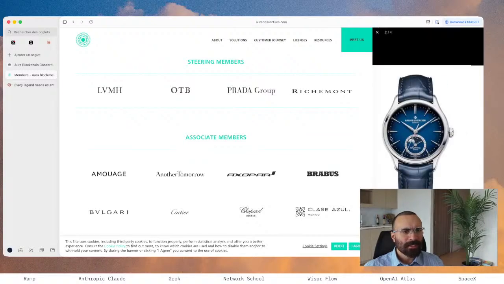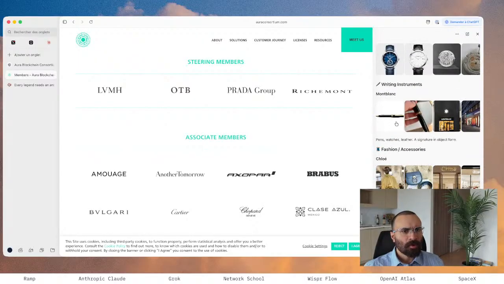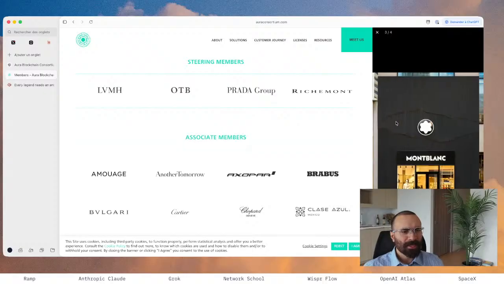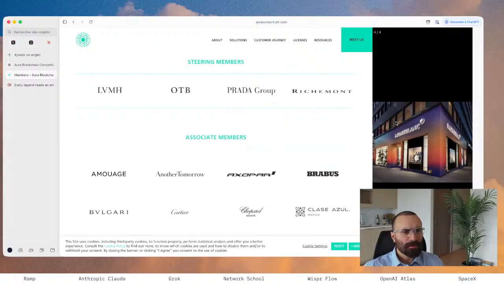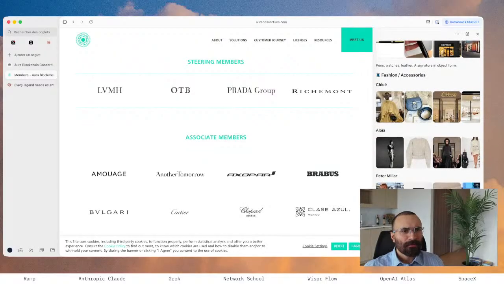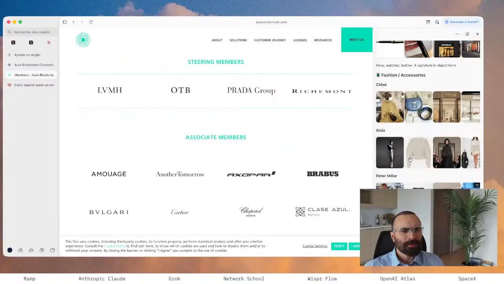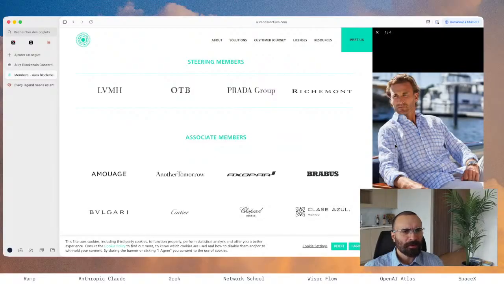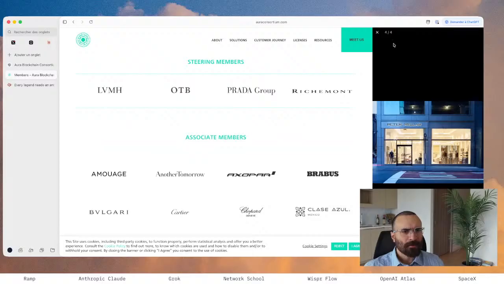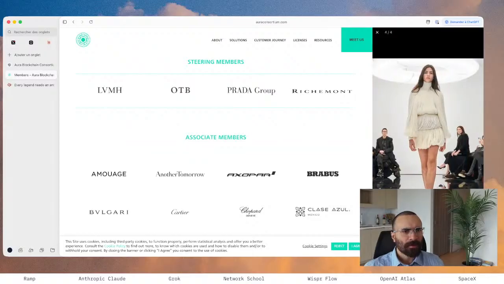Baume and Mercier. Okay. Montblanc. Wow. Fashion. Chloé. Oh my god, this group owns everything. Peter Millar. Okay, never heard of Peter Millar. Never heard of Alaïa.